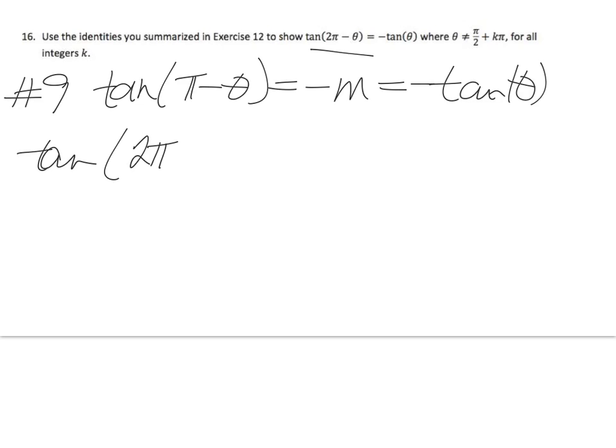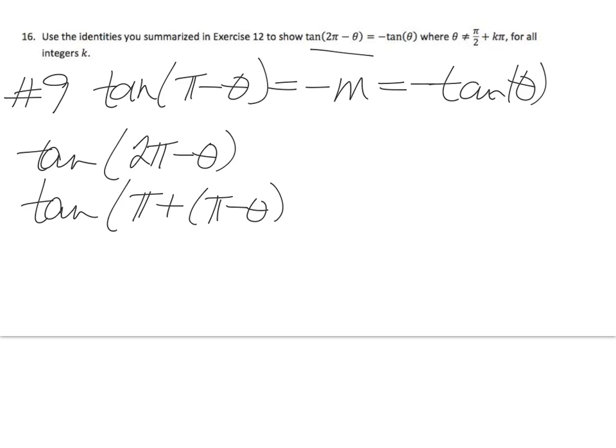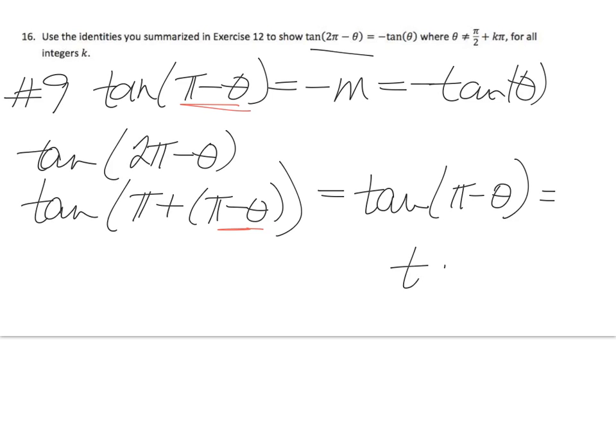tan 2 pi minus theta, which I can break up into pi plus pi minus theta. Now you'll see that I've got equal things going on here. Equals tan pi minus theta equals tan negative theta. So what did we just do?